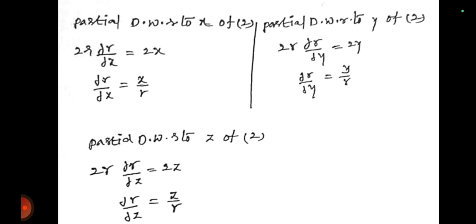Partial differentiation of equation 2 with respect to y gives 2r into dou r by dou y is equal to 2y, so dou r by dou y is equal to y by r. With respect to z, 2r into dou r by dou z is equal to 2z, so dou r by dou z is equal to z by r.